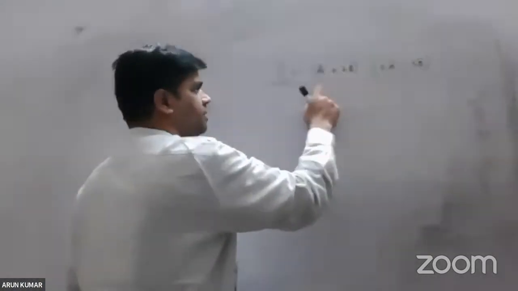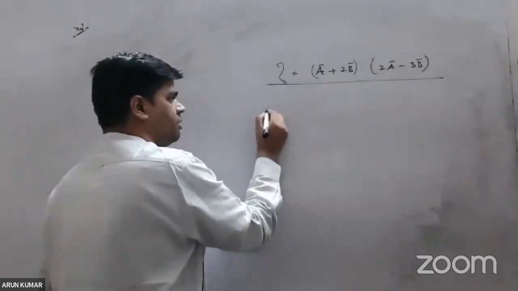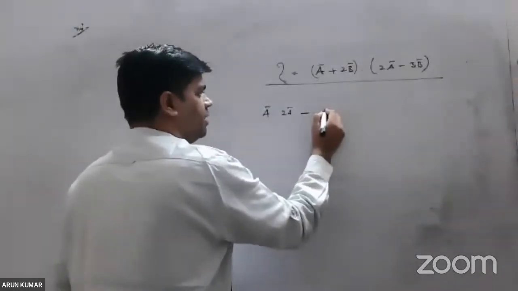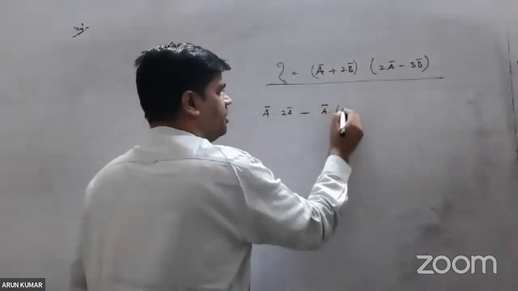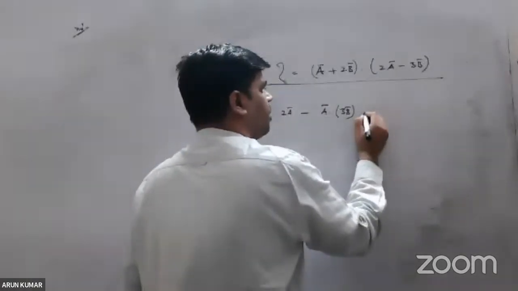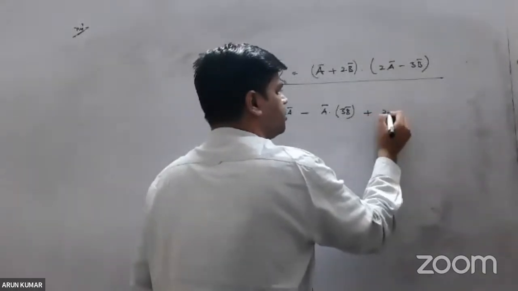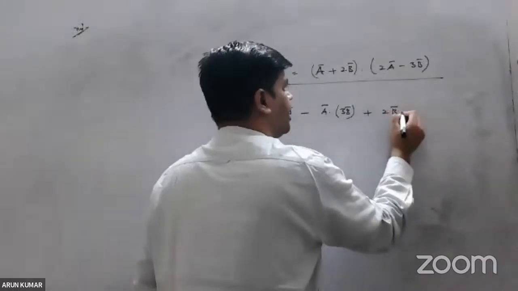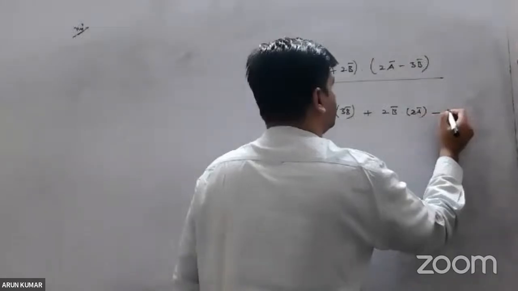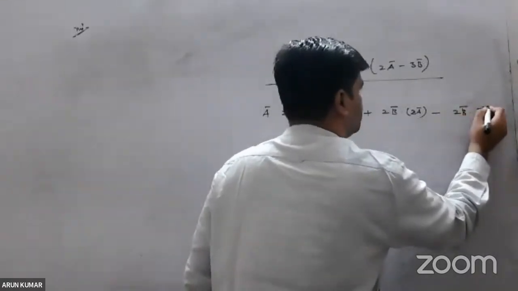So I do A bar dot 2A bar minus A bar dot 3B bar plus 2B bar dot 2A bar minus 2B bar dot 3B bar.